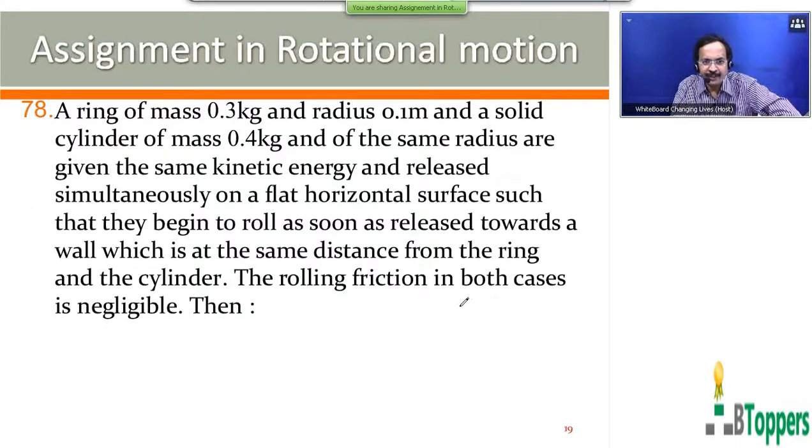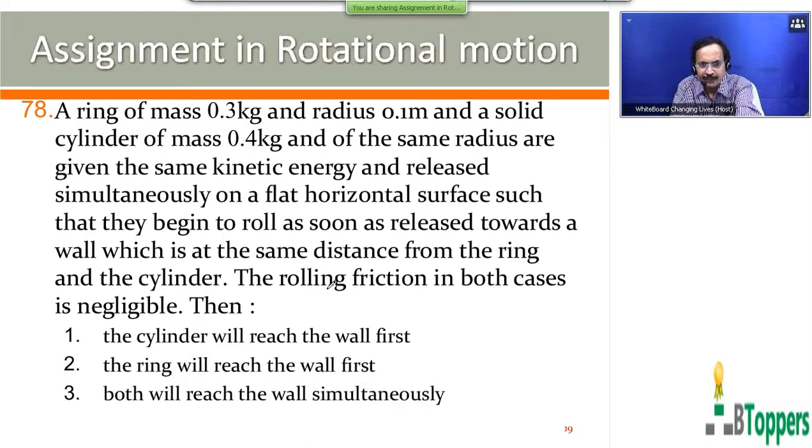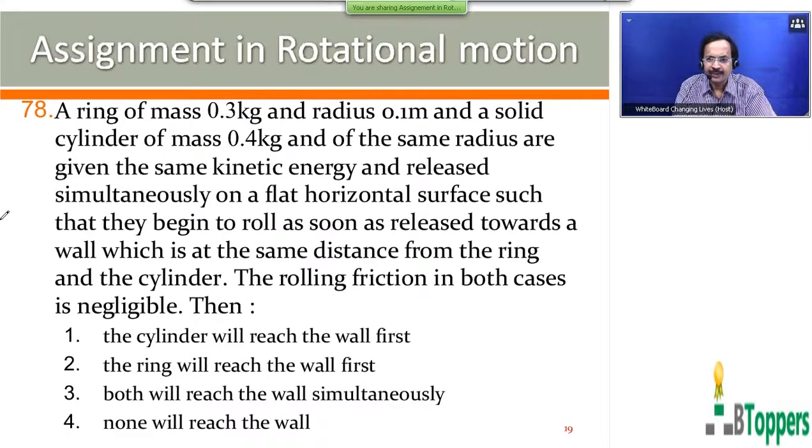The rolling friction in both the cases is negligible. Then there are 4 options on the screen. Come on, take a pause and finish trying this question.